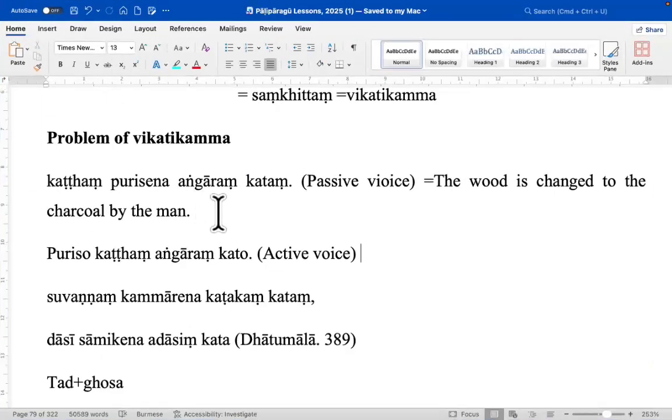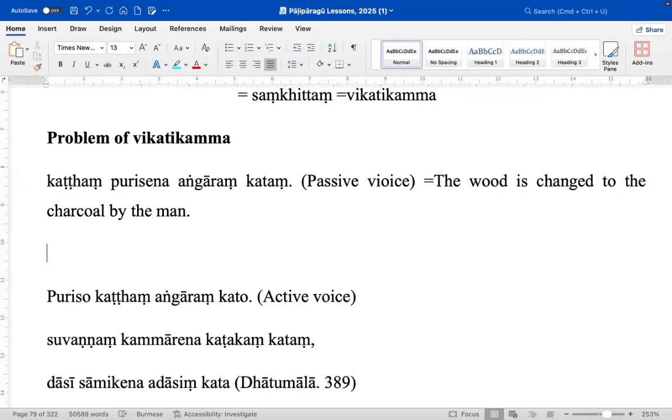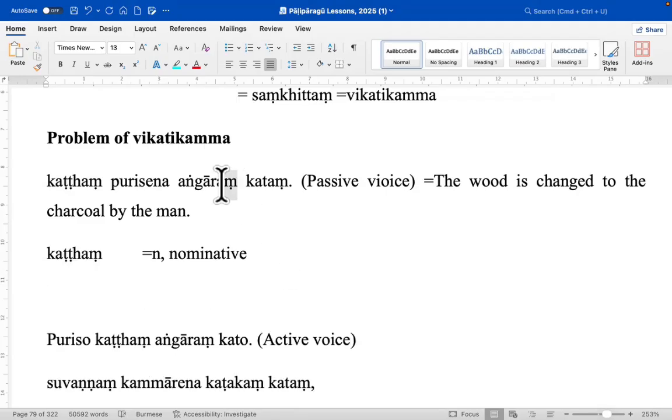Okay, so let's analyze the terms in this sentence. The term Katam is neuter gender and nominative. And Ankaram in the sentence is masculine or neuter; I think the strong one is masculine.